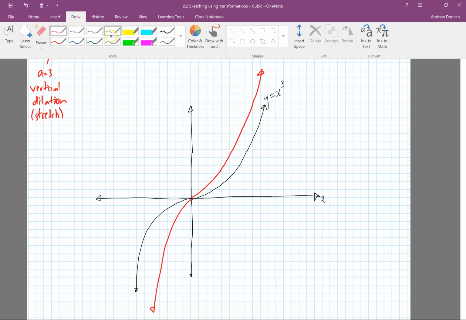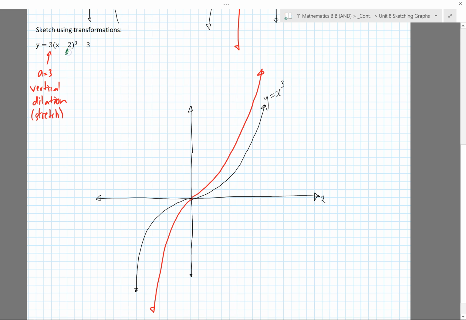And then I can have a look at my translations. h is 2, k equals minus 3. Horizontal translation 2 units right, vertical translation 3 units down. So I'll go over here 2 units right, and then down here somewhere 3 units down.